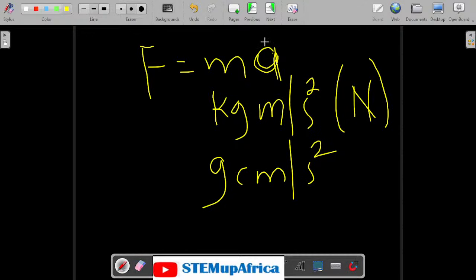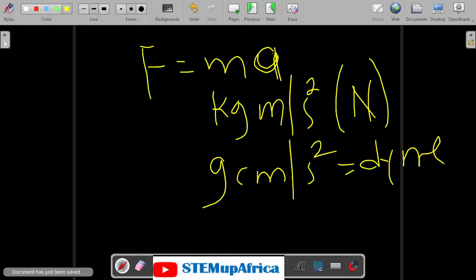Although they are interconvertible, in this case my force becomes the dyne. It's no longer Newton; it will give us 1 dyne. So the answer to that question is dyne when you are dealing with grams, centimeter, and second square. But if you are dealing with kilogram, meter per second square, what you have is Newton.